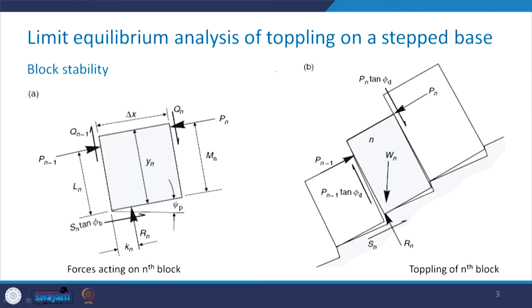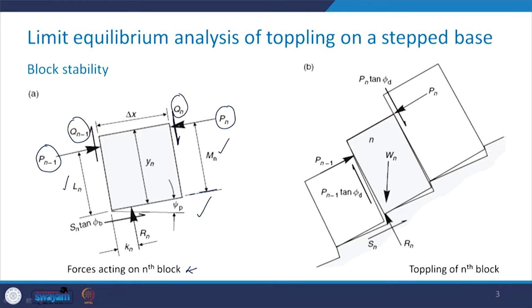Take a look here. The first figure gives you the idea about the forces which are acting on the nth block. Here you can see that these normal forces Pn and Pn minus 1 are acting at a distance of Mn and Ln respectively from the base of the block, while these shear forces, Qn and Qn minus 1, are acting as shown in this figure.